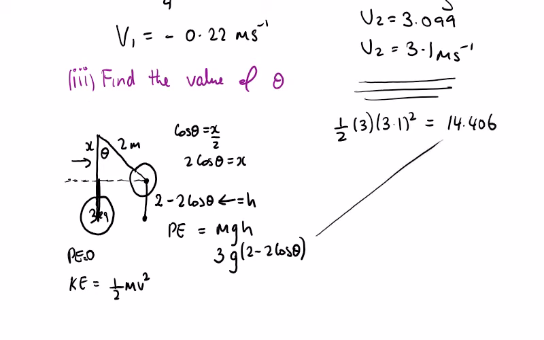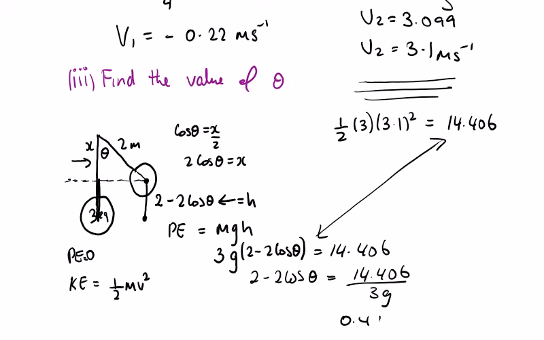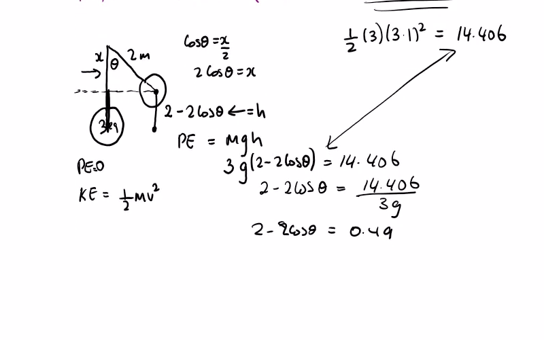So we're going to say these two are equal. So 2 minus 2 cos theta is equal to 14.406 over 3g, and that gives me 0.49. Bring the 2 cos theta to the right and the 0.49 to the left, so we get 1.51 is equal to 2 cos theta.